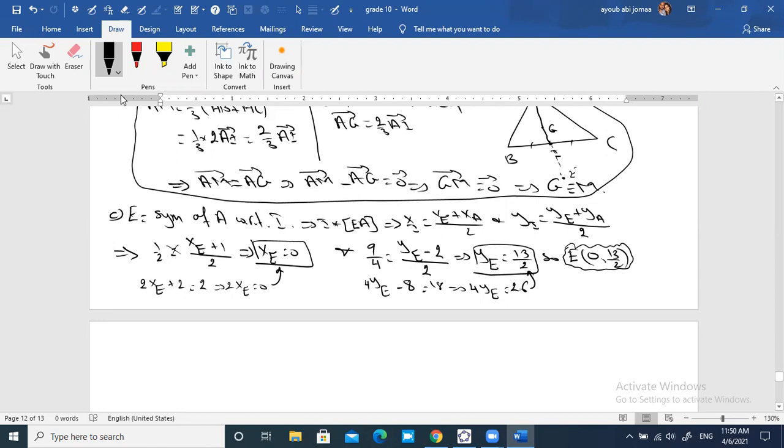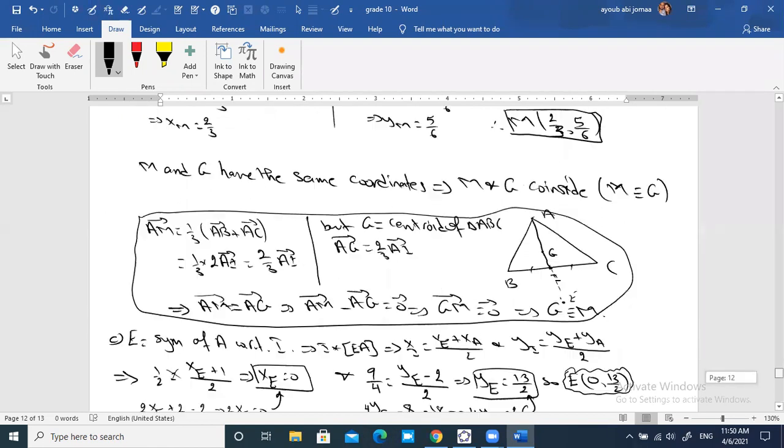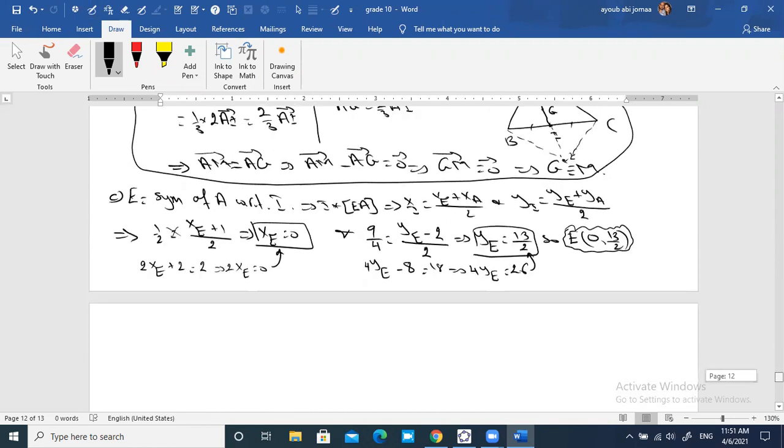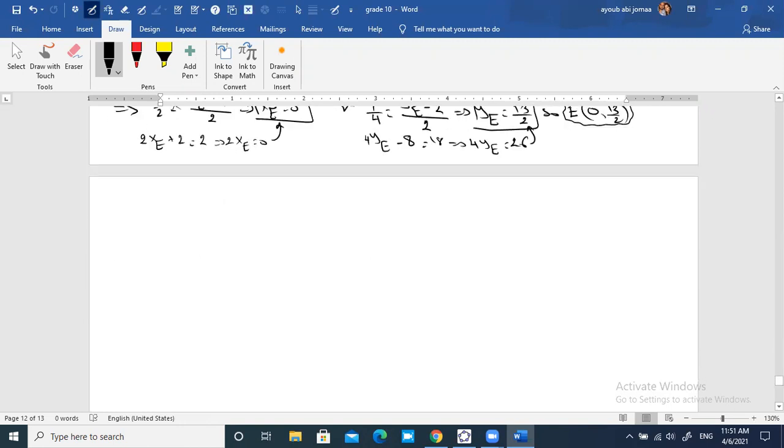What will be the nature of ABEC? It's a parallelogram since the diagonals bisect each other. Good. You have I is the midpoint of BC, I is the midpoint of AE. Therefore, ABEC is a parallelogram. So here I can say I is the midpoint of BC, given.